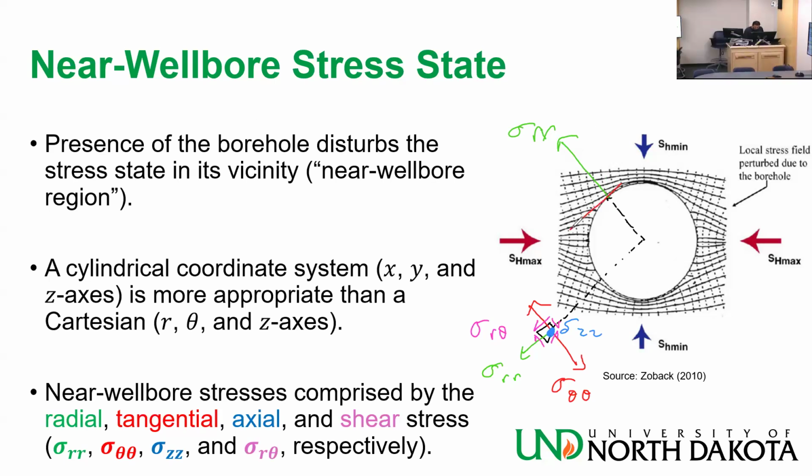This would be the tangential stress, sigma theta theta, and then I will use a dot or a cross for an arrow basically going into the screen of the rock.